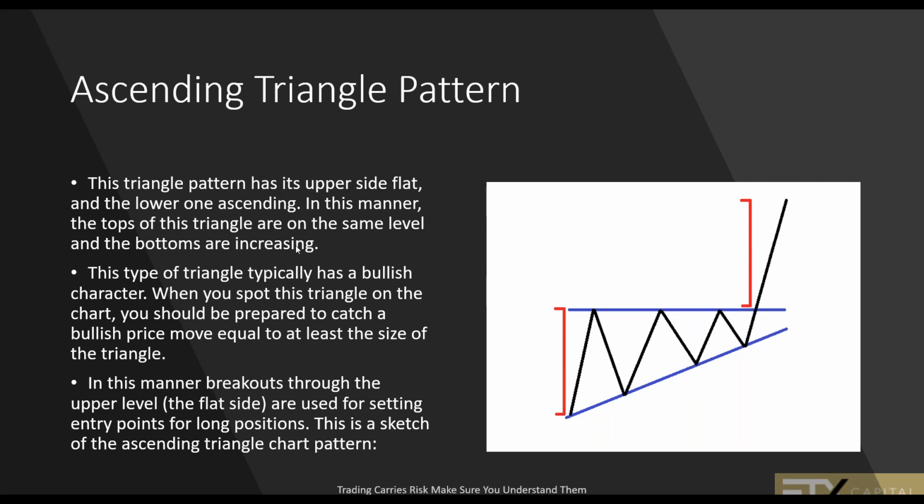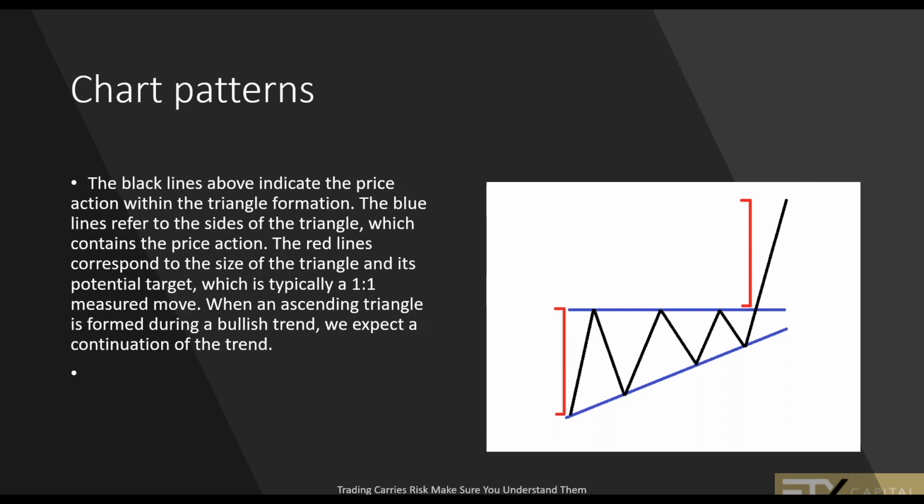When you spot this triangle on the chart, you should be prepared to catch a bullish price move equal to at least the size of this triangle. In this manner, breakouts through the upper level are used for setting entry points for long positions. So on here, the black lines indicate the price action within the triangle.